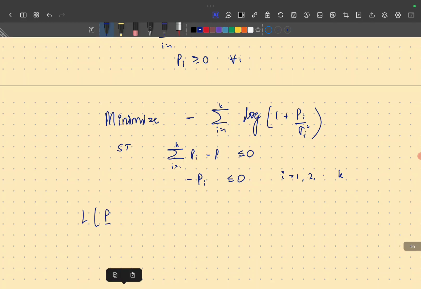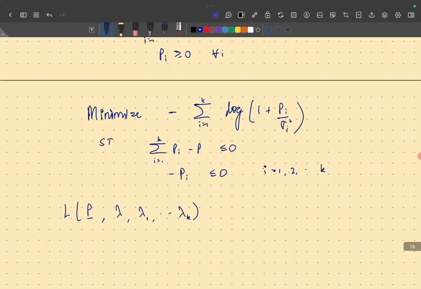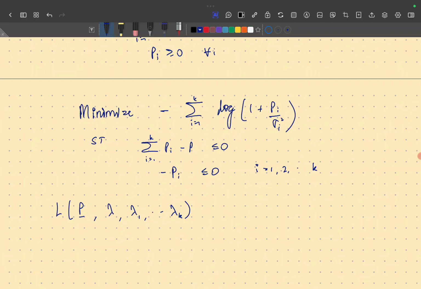So this is going to be a function of p_1 through p_k, and I'll denote the Lagrange multiplier for the first constraint to be lambda, and for the rest to be lambda_1 up to lambda_k. Any questions?